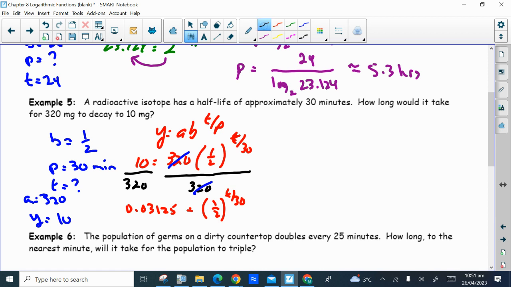So I would solve for t by changing the form from exponential to logarithmic. Start with the base and cycle through. The base of the exponential function is a half, so that'll become the base of the log. I'll write it as 0.5. After the 0.5 comes the 0.03125. And that will equal t over 30. And we can get t by itself by multiplying both sides by the 30.